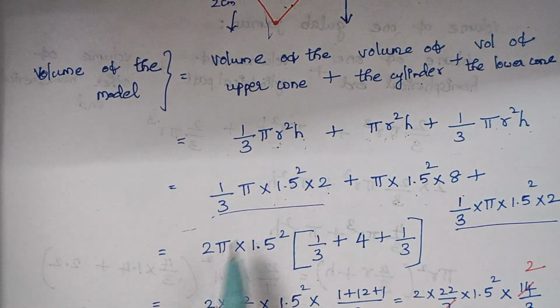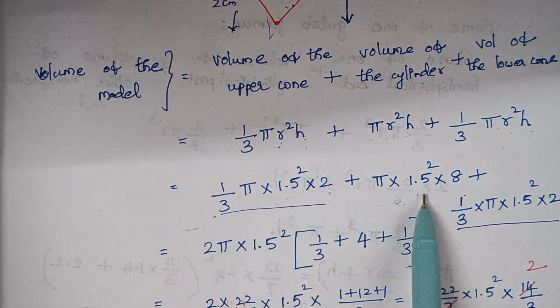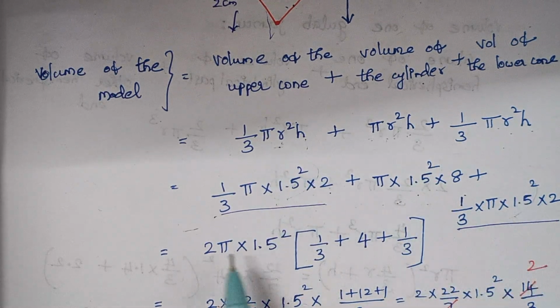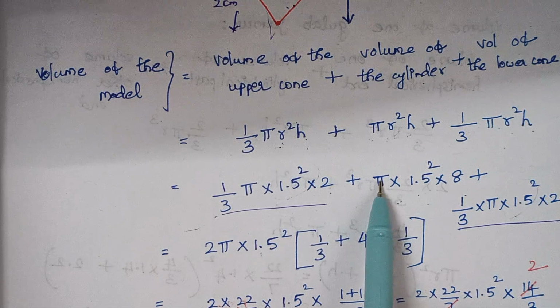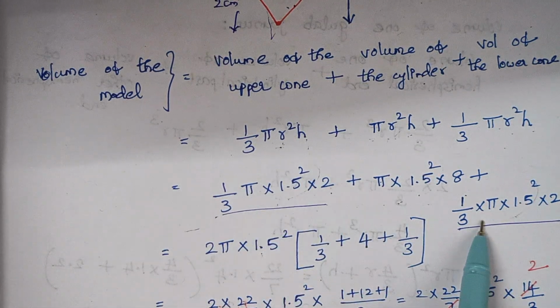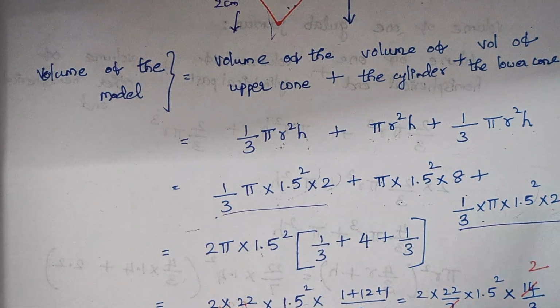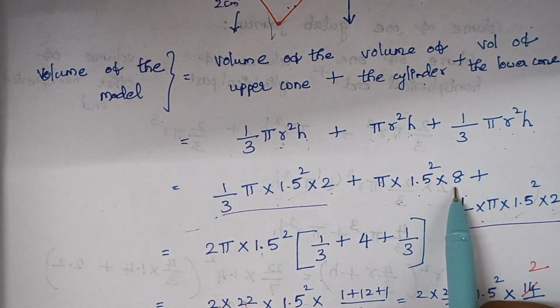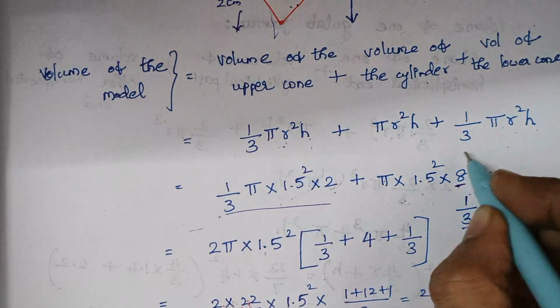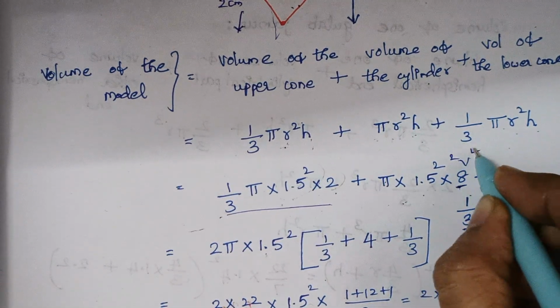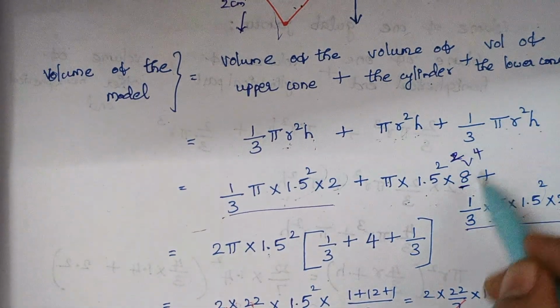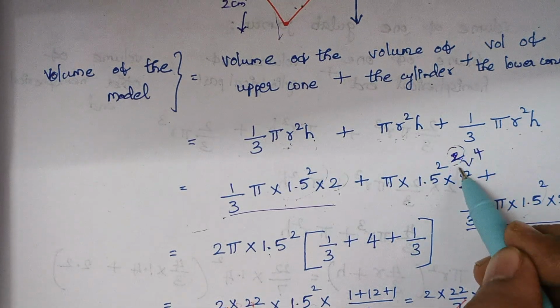So here I am taking 1.5 square, 1.5 square, 1.5 square, and the next thing is pi. Pi is present in all the three expressions. Again here I am having 2 and here I am having 2, but here I am having 8. So this 8 can be written as the product of 2 into 4, so from this I am taking these 2 outside.